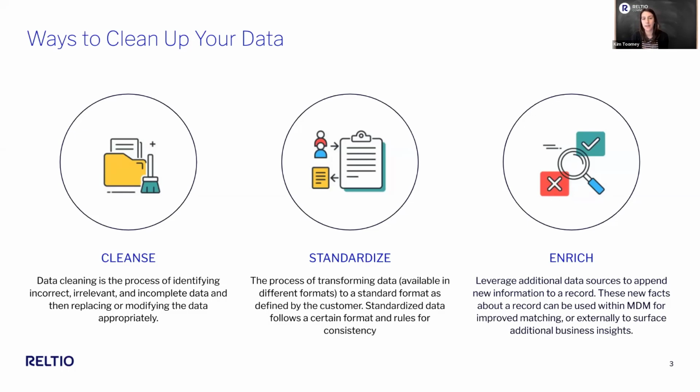We're also going to take a look, in parallel, at some of our new data quality dashboards within the product that might help you identify some of those pieces, so that as a data steward, you can either go into Reltio directly and make those changes, or identify different types of cleansers you might need to implement, or even look at moving downstream in the process to ask how we stop or prevent some of this from happening in the first place.